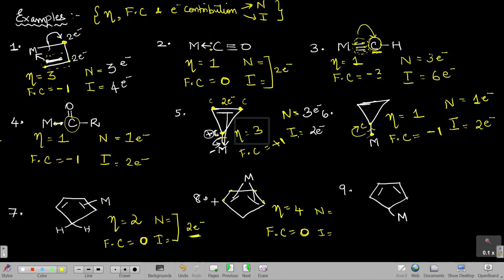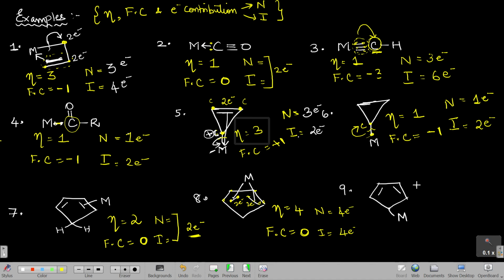Whether it is the neutral or ionic method, if the electron contribution is through a pi bond, we consider it as 2 electrons. So 2 electrons from this side and 2 electrons from that side; you need to add both. So in both cases, the electron contribution is going to remain 4.